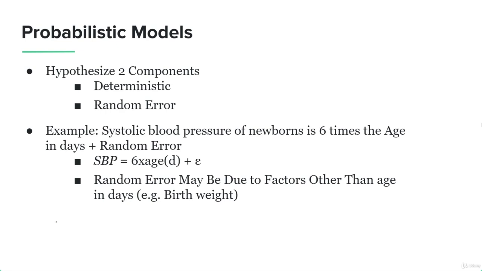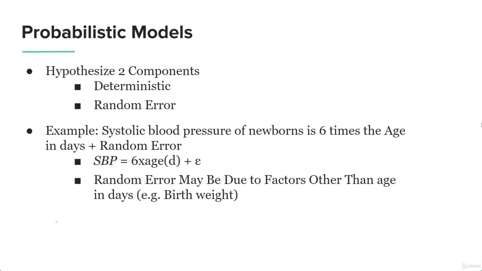Probabilistic models usually involve a deterministic component and random error. So considering this example, apart from the variable of age, we're going to add some random error in it because there is a possibility that it might exist. So in order to hypothesize these two components, we use probabilistic models wherever there is a random error involved. The formula for that is this. And it's also important to note that random error can also be due to many other factors rather than age.